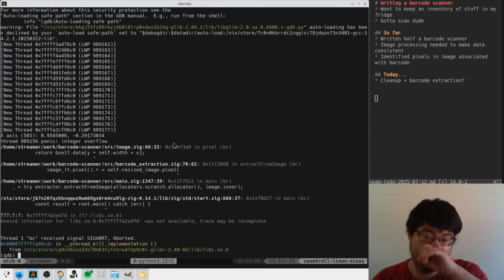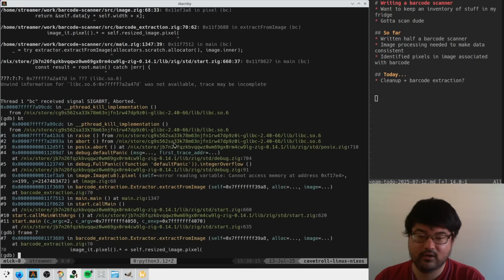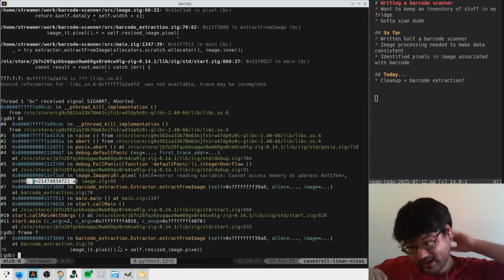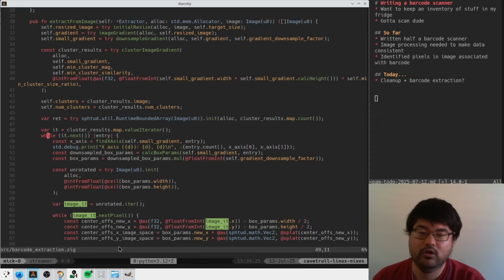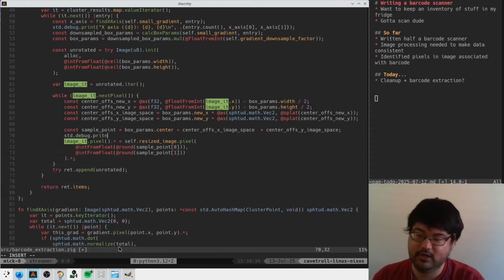Crashing, which is no good. So what is happening here? What is happening here? That doesn't look good. That Y is, it's probably that like Y is negative. Probably. So sample point here. So can we std debug print here the sample?